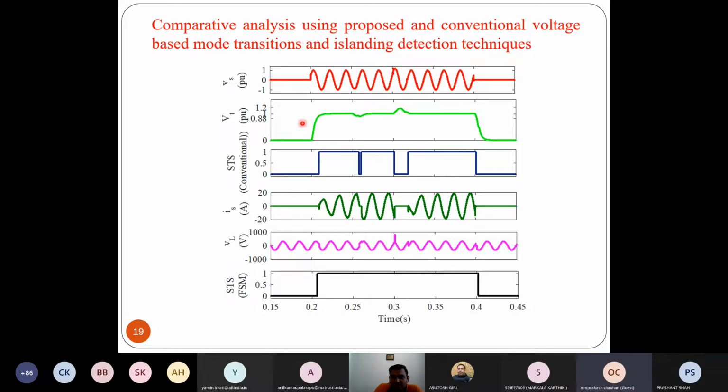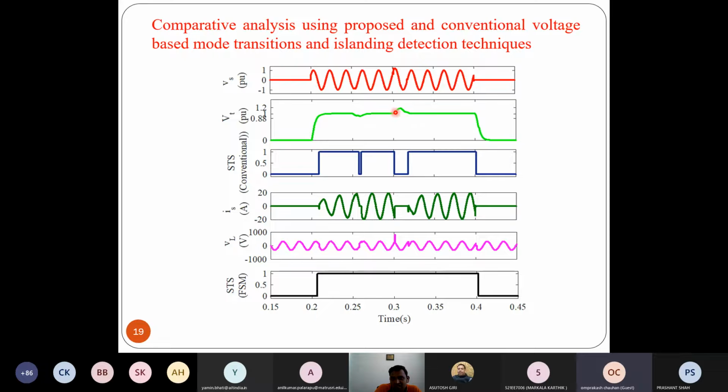What we have observed is that if there is a little fluctuation in the voltage, here you can see from 1 per unit, even though it is within the limit, IEEE 1547 says that if the voltage fluctuates within 0.88 to 1.1 per unit, your control should work fine. You can connect with the grid. But if you see the conventional system, there is still chattering when the voltage dips to 0.88. Chattering means that at that particular moment the STS has gone to the off position.